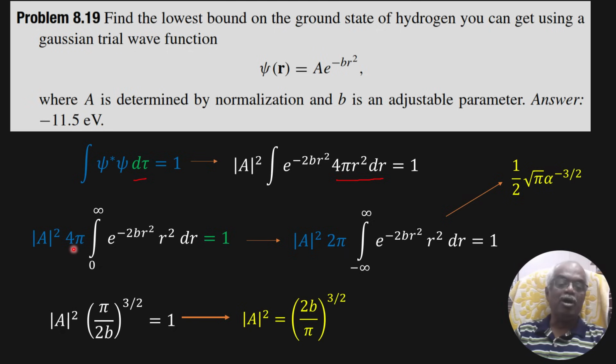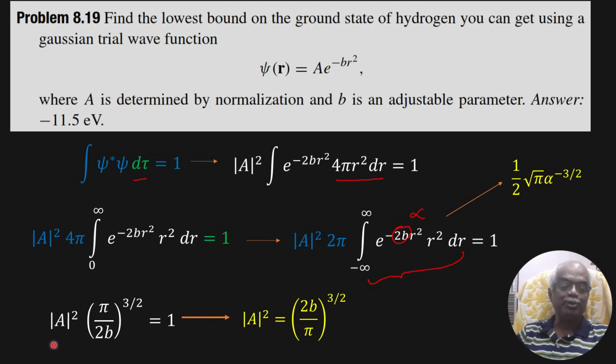So if you take half, then 4 pi becomes 2 pi, and the remaining things are the same. Using the Gaussian function, this integral will be half of the square root of pi times alpha to the power minus 3 by 2, where alpha is 2b. So you replace this integral by this value, with alpha equal to 2b, whole power minus 3 by 2.